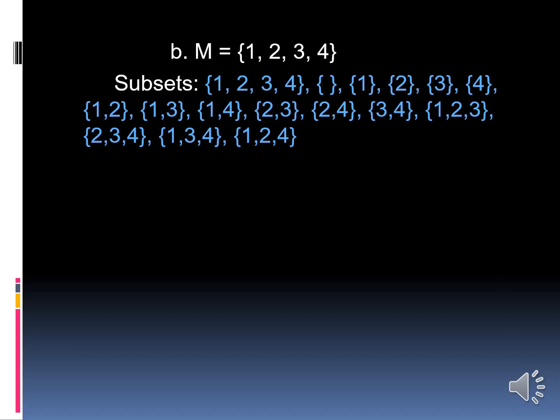The two element subsets, which are 1 2, 1 3, 1 4, 2 3, 2 4, 3 4. And the three element subsets, which are 1 2 3, 2 3 4, 1 3 4, and 1 2 4. So if we count, we have 16 subsets.